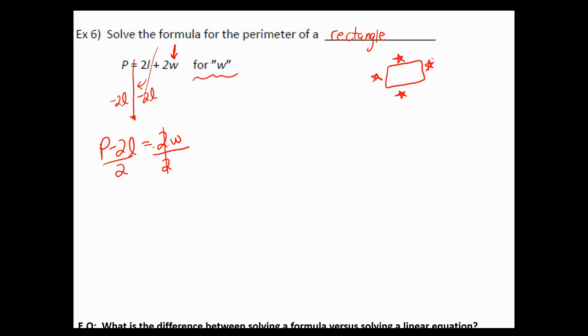And then we're going to write this properly. W is equal to P minus 2 L's over 2. W equals P minus 2L over 2. I was just reading it backwards.